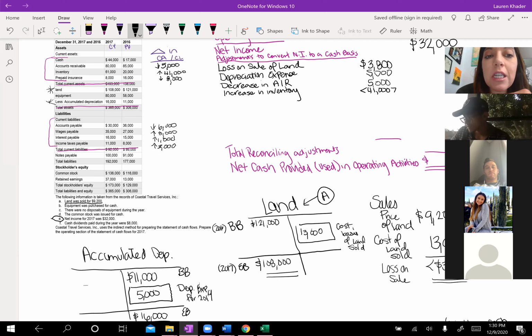Prepaid insurance decreased by 8, so we're going to say decrease in prepaid. Meaning we spent less cash than we actually recorded as an expense, so we get to add back for that 8,000.